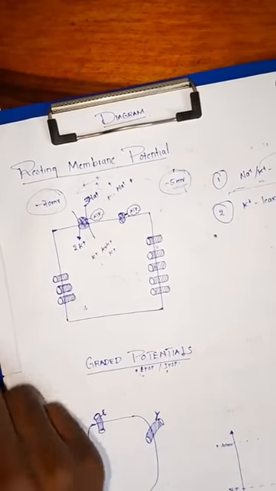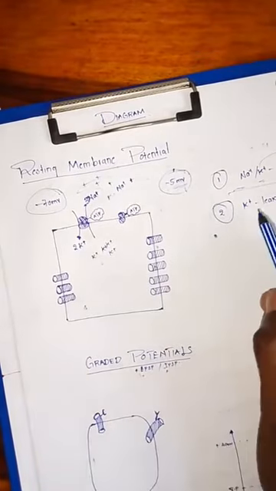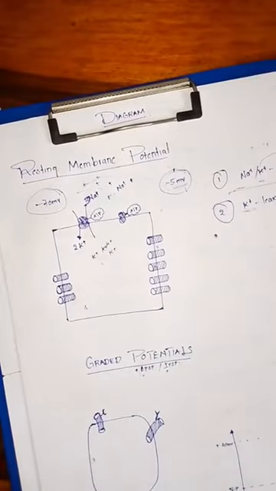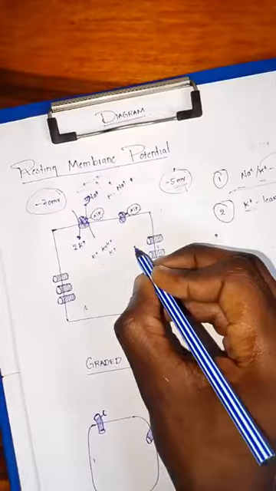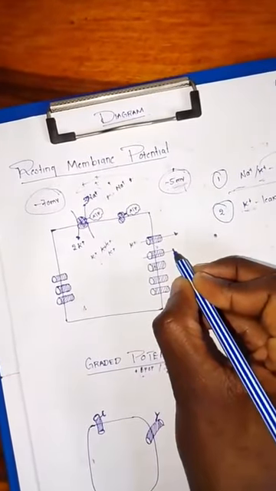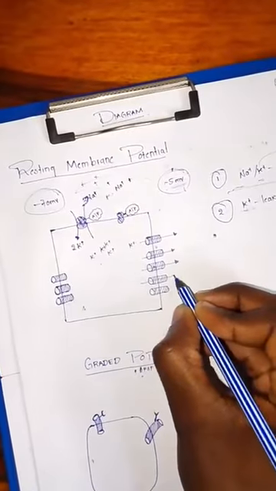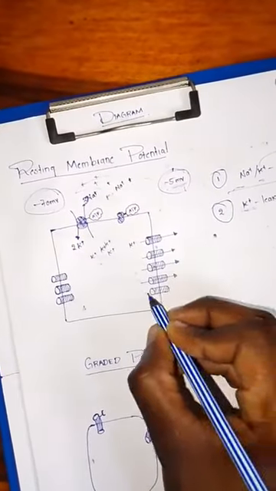But the major factor that determines the direction of these ions is the concentration gradient. So you are going to find that these potassium leaky channels will be supporting the movement of potassium from inside going to the outside.